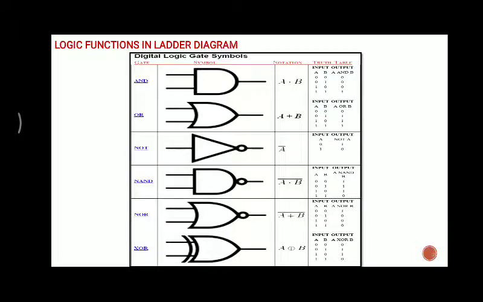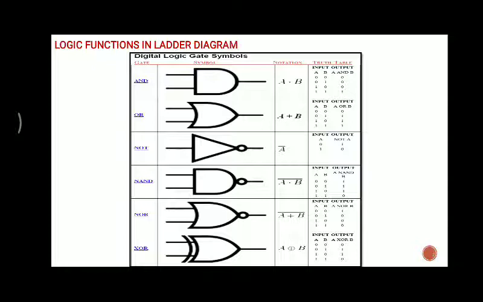Now this is just a summary chart of these logic functions or logic gates. First we have seen the AND gate. This is the symbol we use in the ladder diagram for the AND gate.